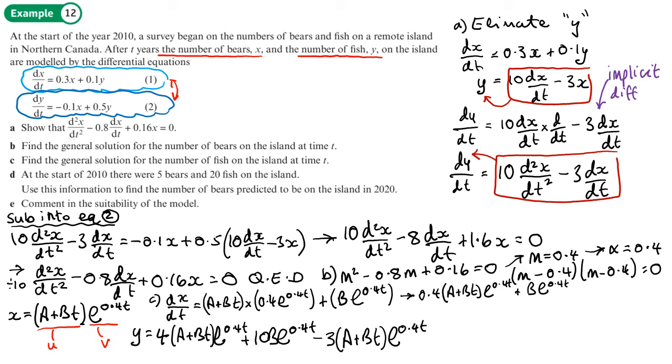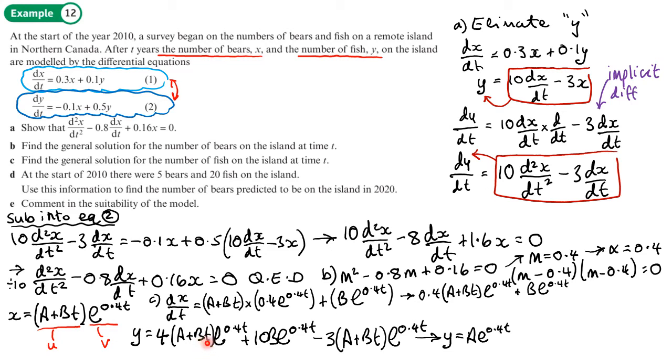Now if I simplify that, I will have y equals, now I've got 4 lots of a e to the 0.4t, take away 3 lots of a e to the 0.4t, will just leave me with 1 lot of a e to the 0.4t.